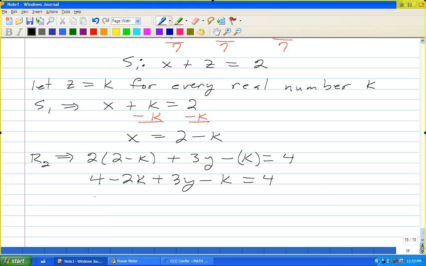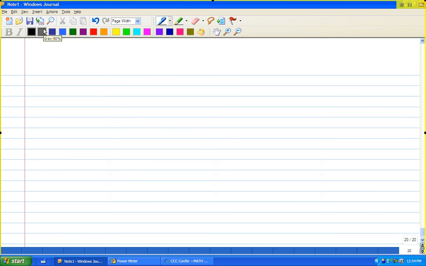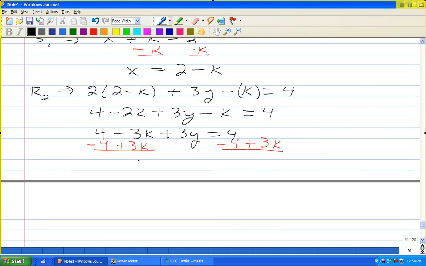Combine like terms, so I have 4 minus 3k plus 3y equals 4. Subtract 4, add 3k to both sides of your equation. And so 3y is equal to 3k. Divide both sides of your equation by 3. So y equals k.